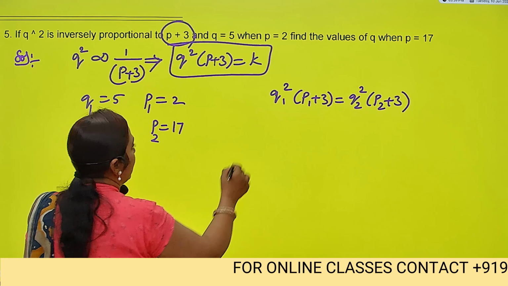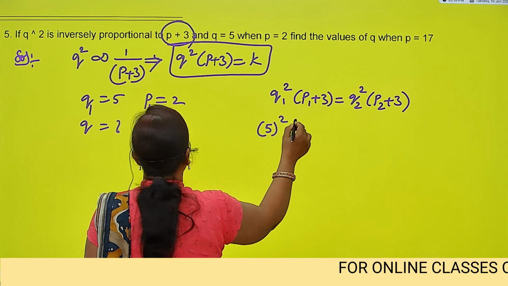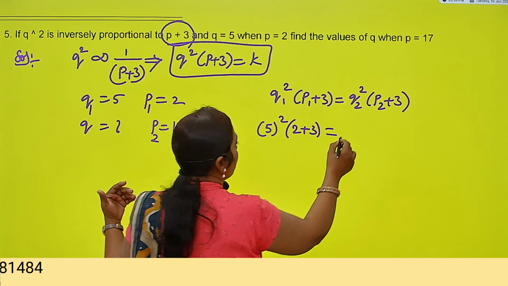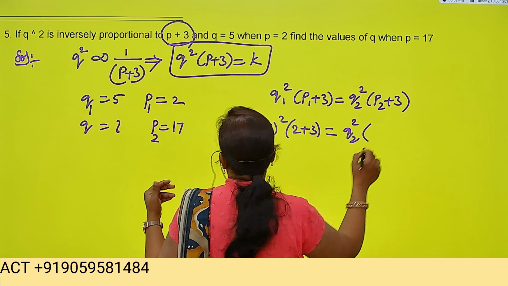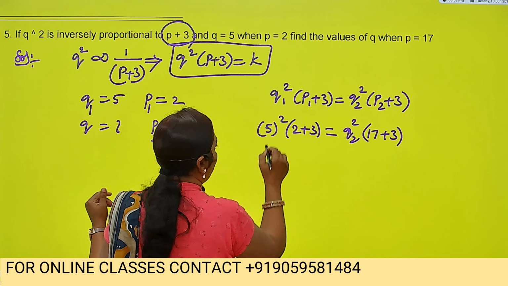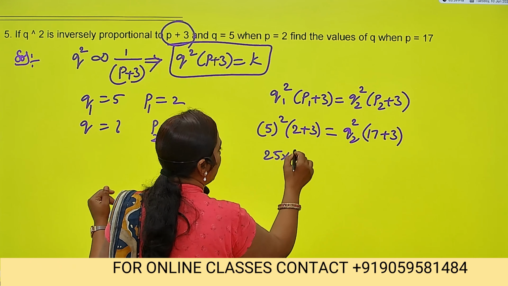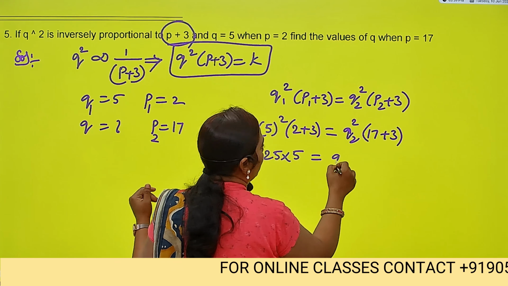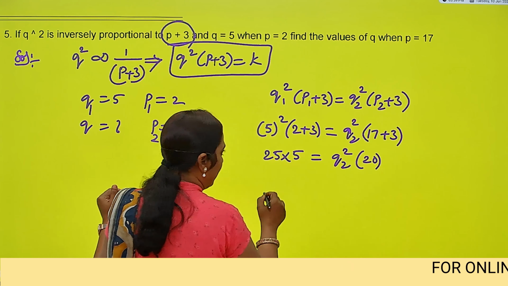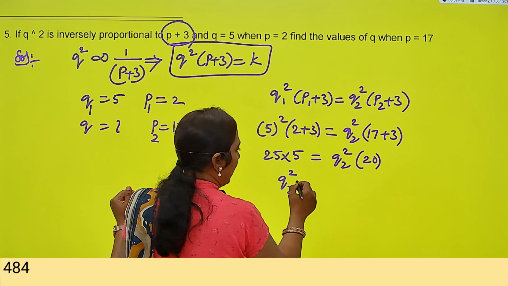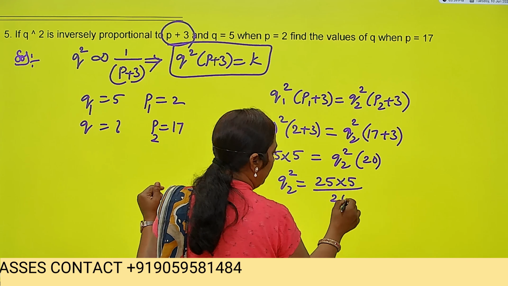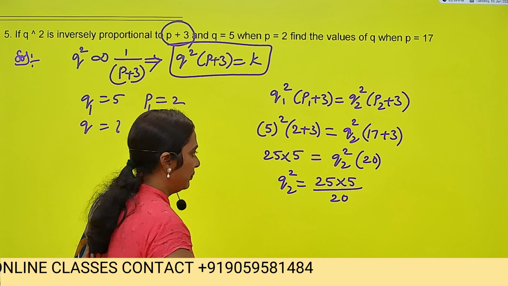Substitute: 5 square, p1 is 2 plus 3, equals q2 square, which we don't know, p2 is 17 plus 3. 5 fives are 25, 2 plus 3 is 5, equals q2 square into 17 plus 3, which is 20. Dividing, q2 square equals 25 into 5 over 20.